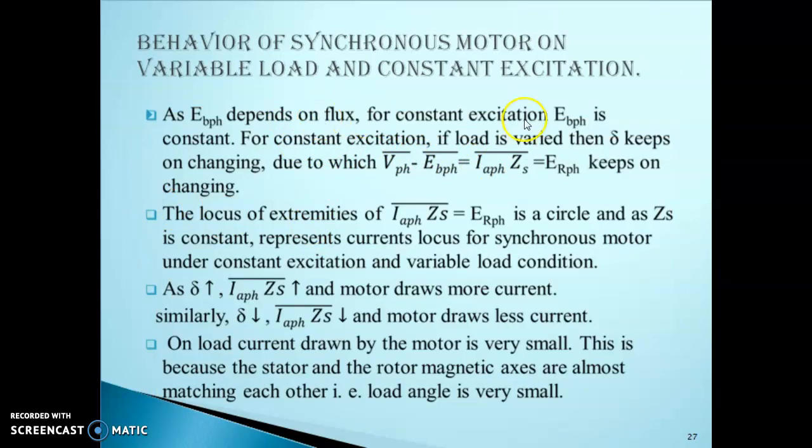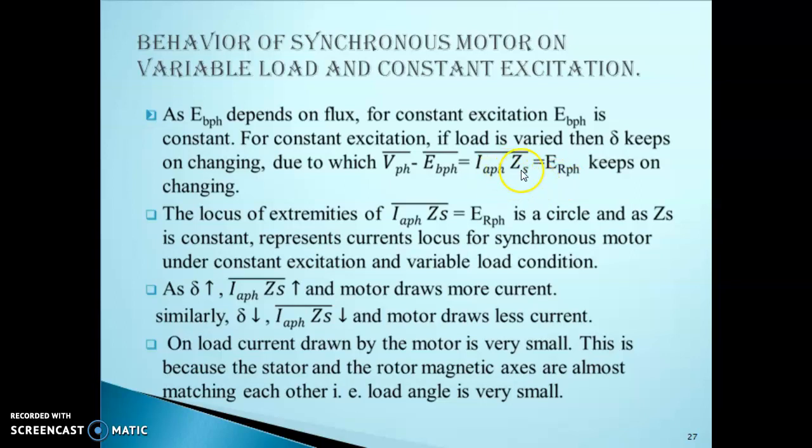Again we have discussed this. As EBPH depends on the flux, we are maintaining EBPH constant by maintaining flux constant by giving constant excitation. Then for constant excitation, if load varies, then delta keeps on changing. Now due to VPH minus EBPH, IAPH ZS is equal to ERPH.